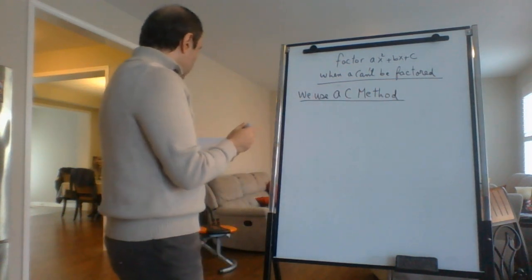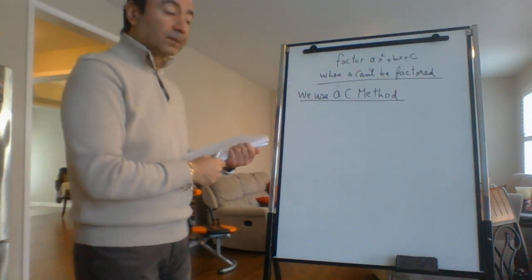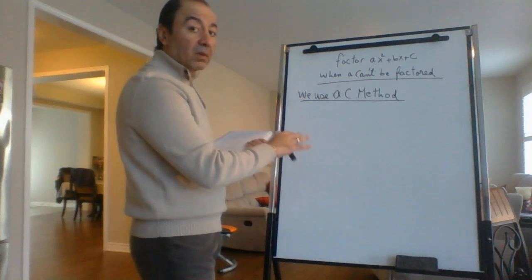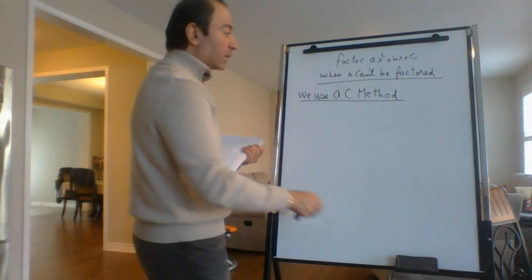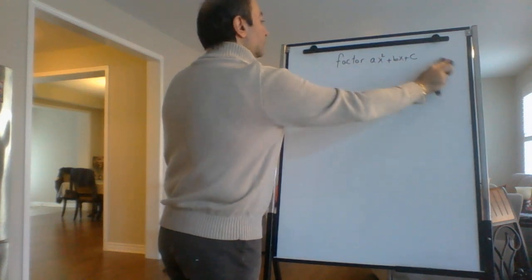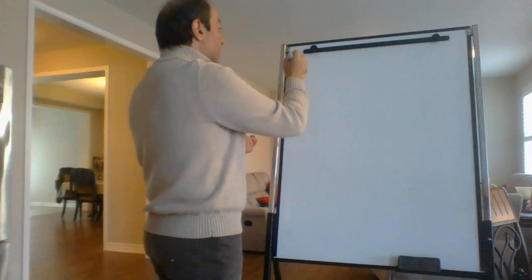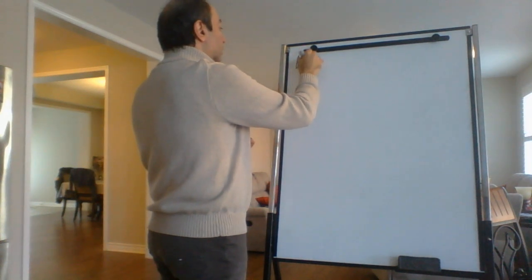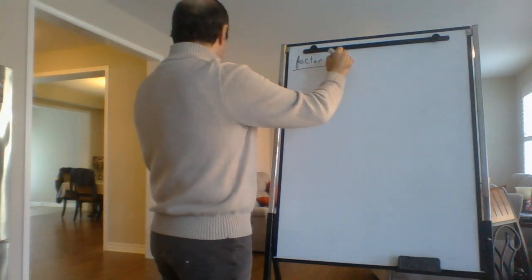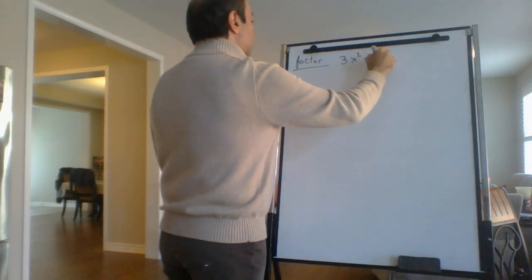Okay. I'm going to give you an example, and through the example I will show you this method and the steps. Let's say factor 3x squared plus 8x plus 4.